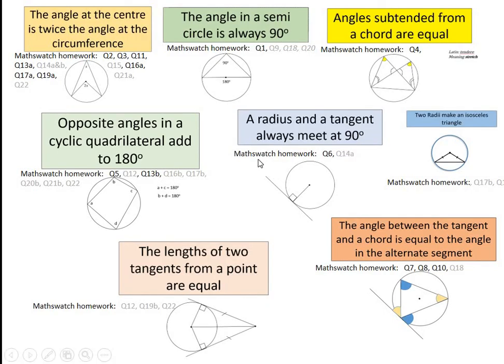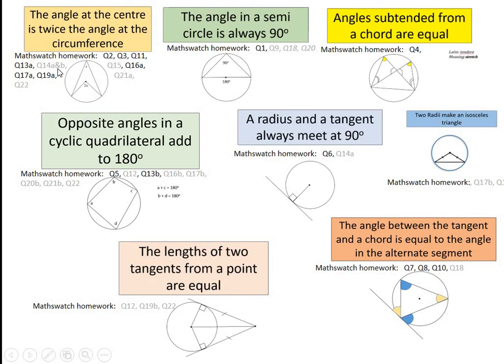So again, this is the sheet that I first showed you, and you do have a Maths Watch homework set on circle theorems, and I've included which questions match up to the Maths Watch homework. The ones in grey mean it's not entirely obvious that this is the theorem to use, but the ones in black, you would definitely use this rule.